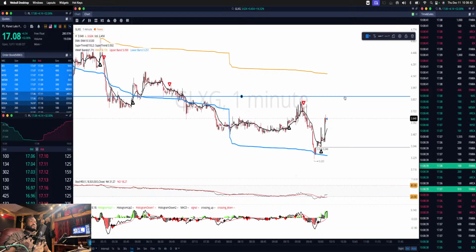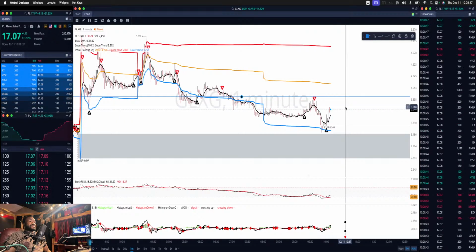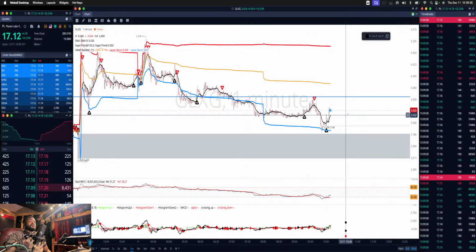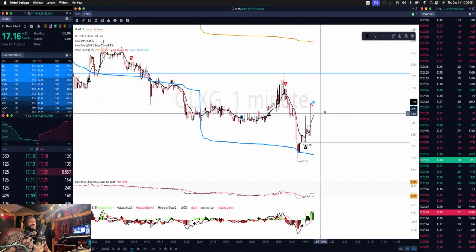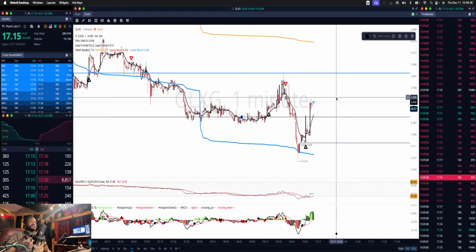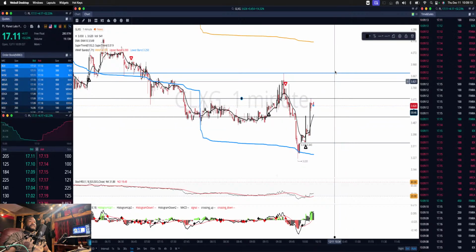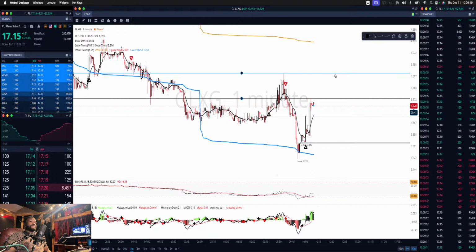So, yeah, I think I'm just going to sit tight. I expect it to bounce off of this 3.52 here. Let's see if it bounces off of this 10 EMA and starts to make its way back and it breaks over this, I might get back in. If not, I'm going to wait for the break over 3.87, I think.